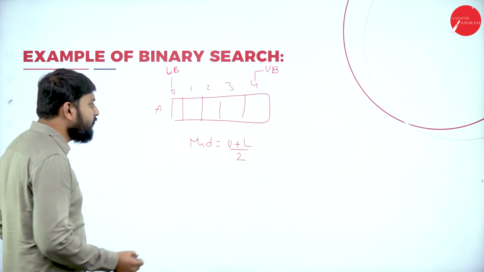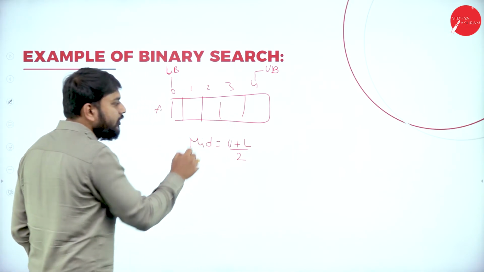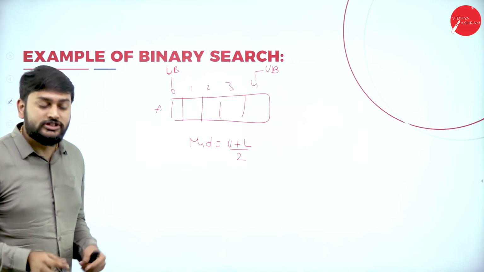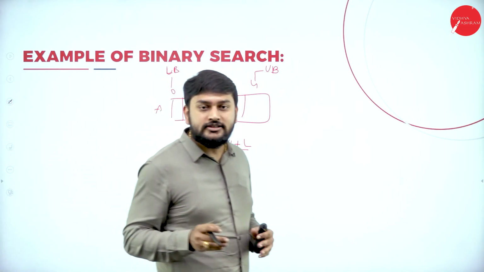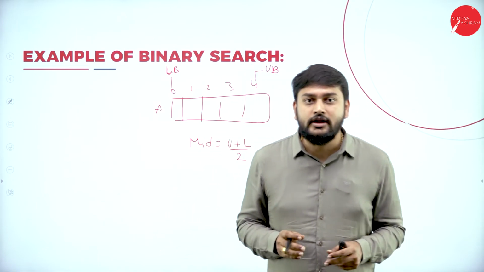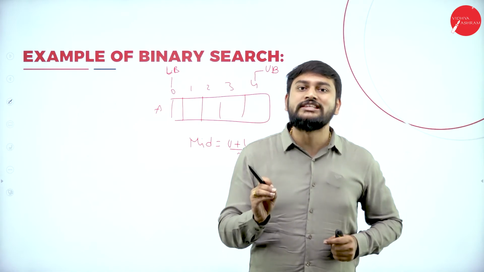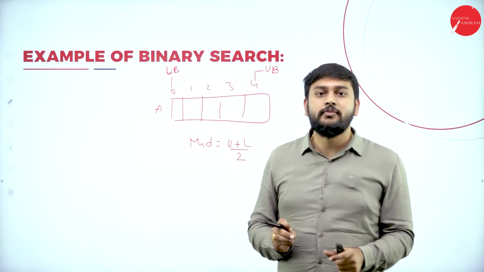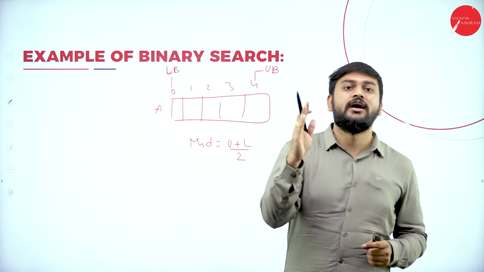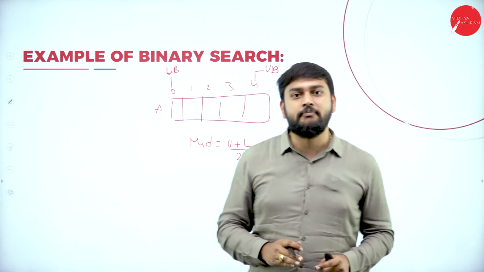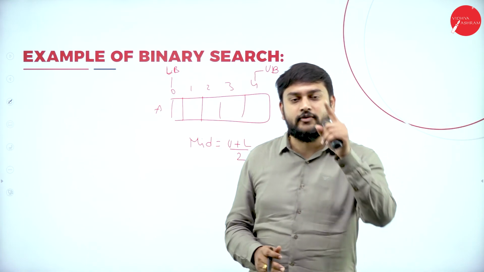I will start comparing the item with the mid value. Suppose my item, whatever I have, I will be comparing with the mid value. If the mid value is greater than the item, then I will make the mid value the upper bound. So I will be repeating this step again and again until I get the item.